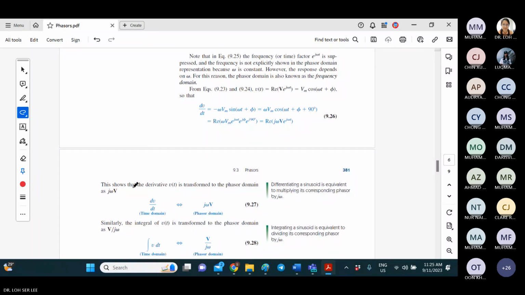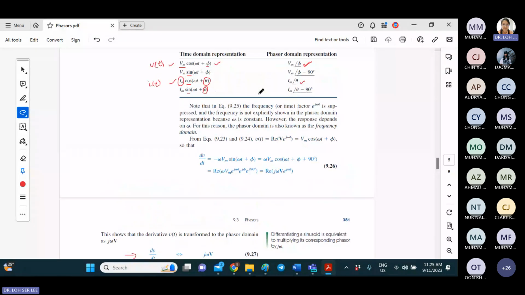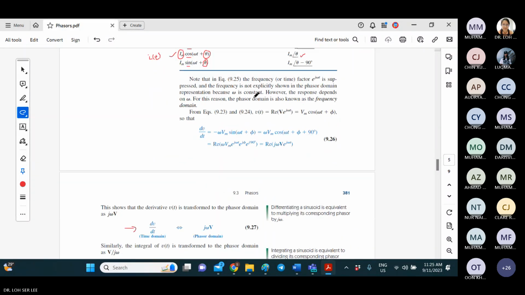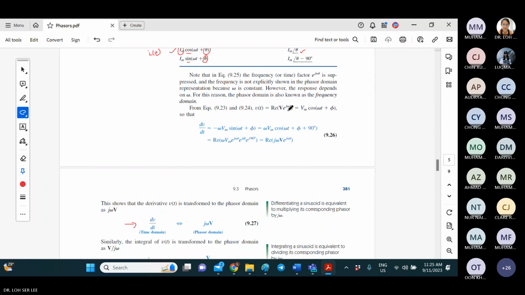This one, we want to look at the differentiation of the V. Where is your v? Your v is this one. Your v equals this one. So when we want to differentiate v with respect to t, if you look at this, your t is here.